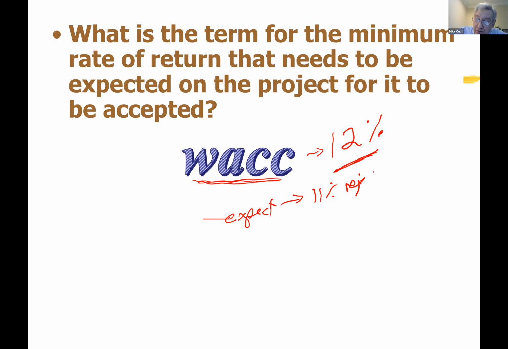It's not good enough. If we have a project where we expect 15, then we would accept it. We require at least 12, so 15 would beat that. So think of the WACC as a hurdle rate, minimum required rate of return.